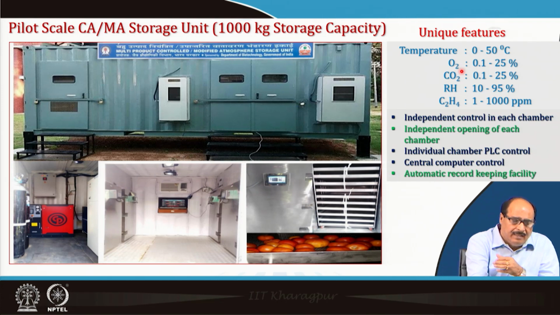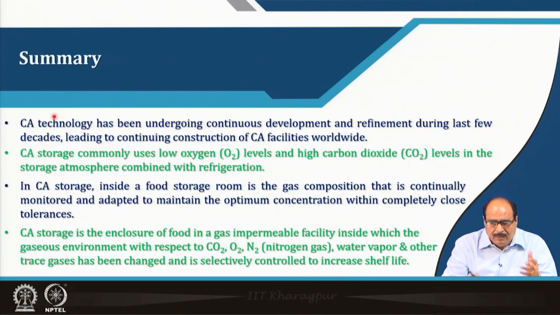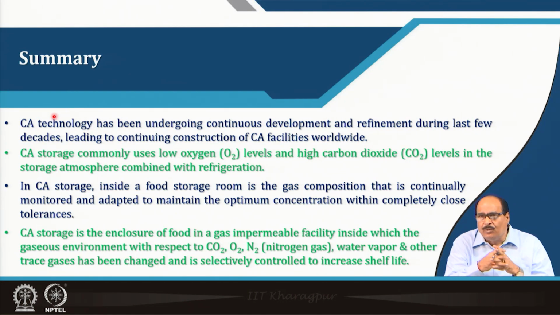This is just a container, and if some engine is provided to it, it can even be a movable container. So, with this I will summarize this lecture: CA storage is a very important and useful technology, particularly for the storage of perishable commodities.